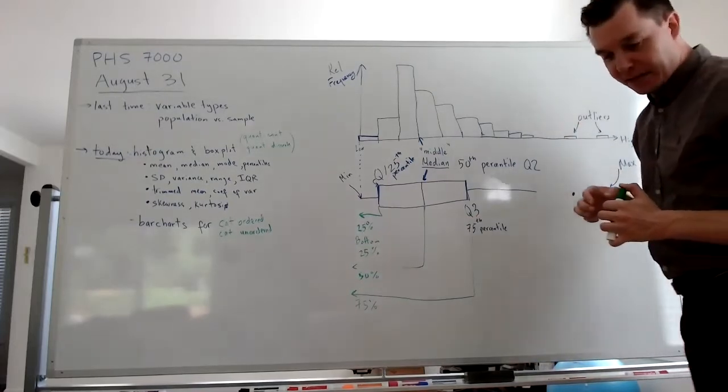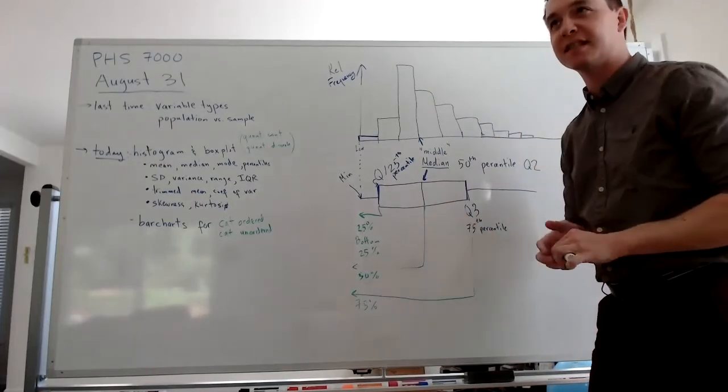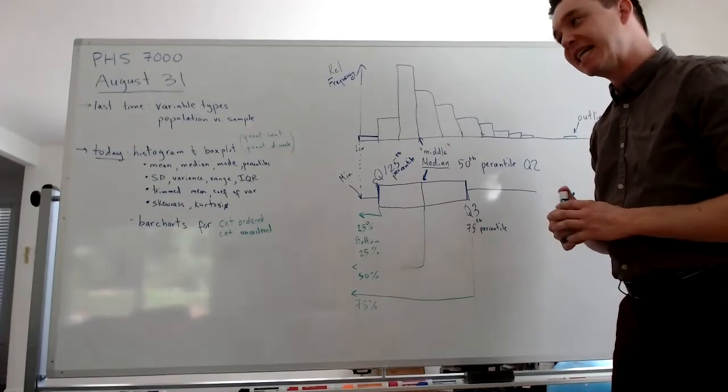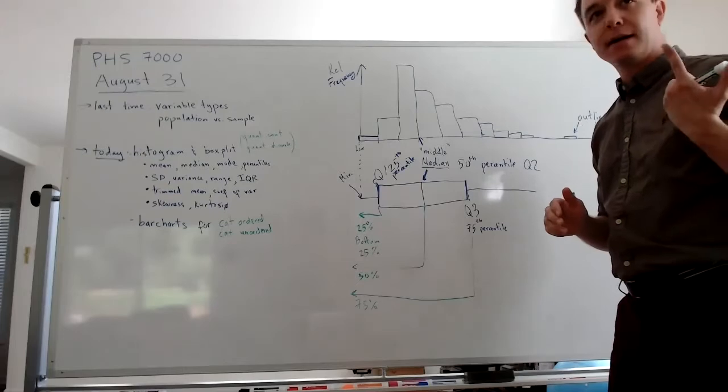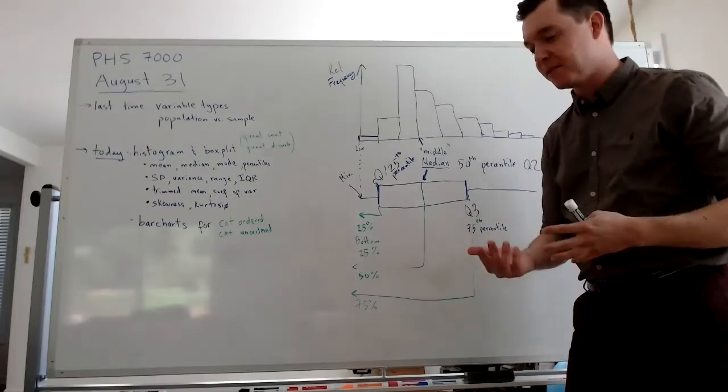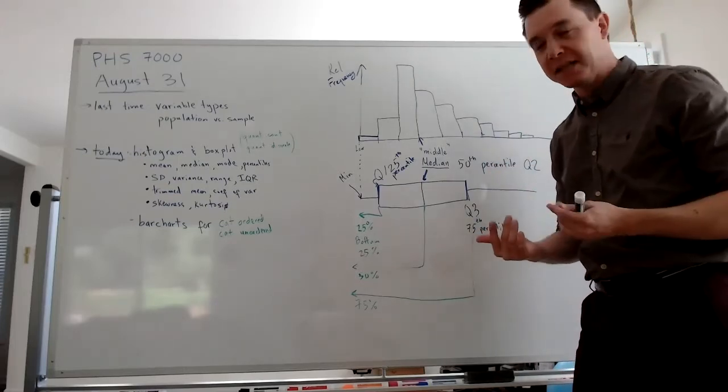And this algorithm, when we are teaching statistics in the 21st century, in 2021, we have to say most software, because to be honest, I have no idea what Tableau, for example, does, or quite frankly, Excel.